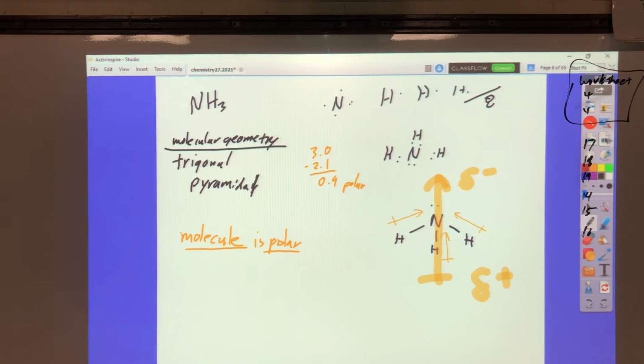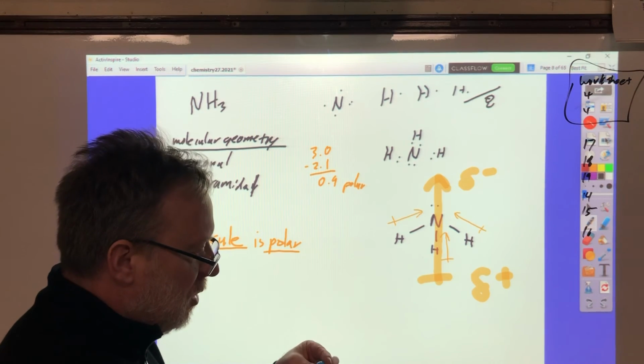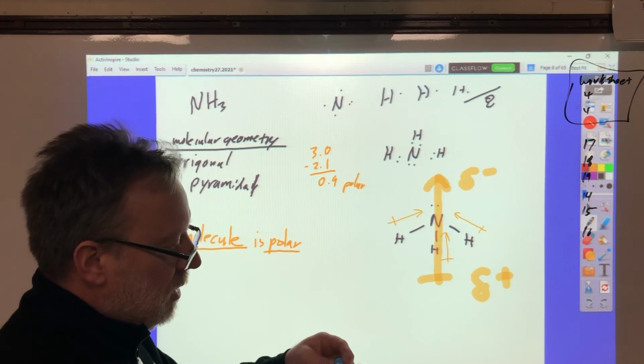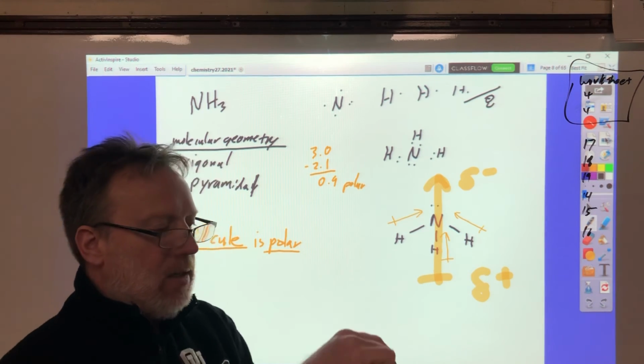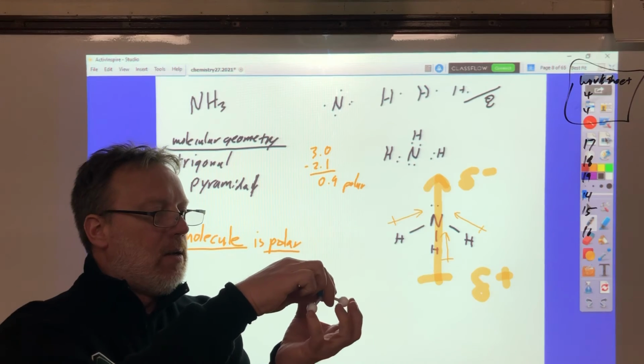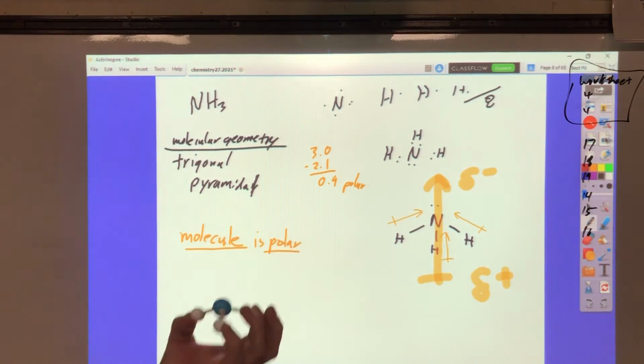I'm going to stick some hydrogen on it. And here we go. What you've got is a little pyramid made with 3 sides. Okay, that's called trigonal pyramidal by this book.